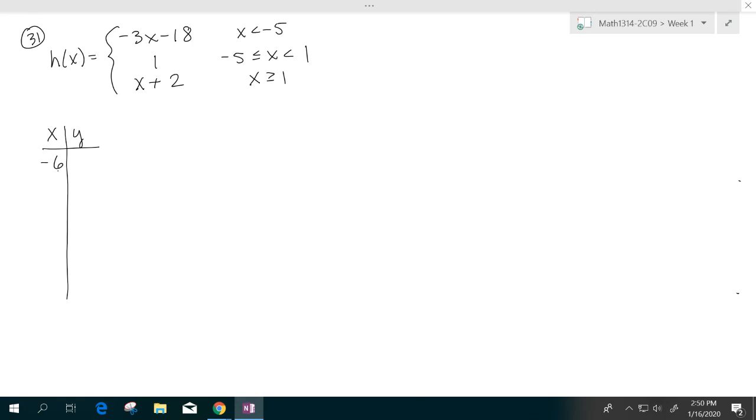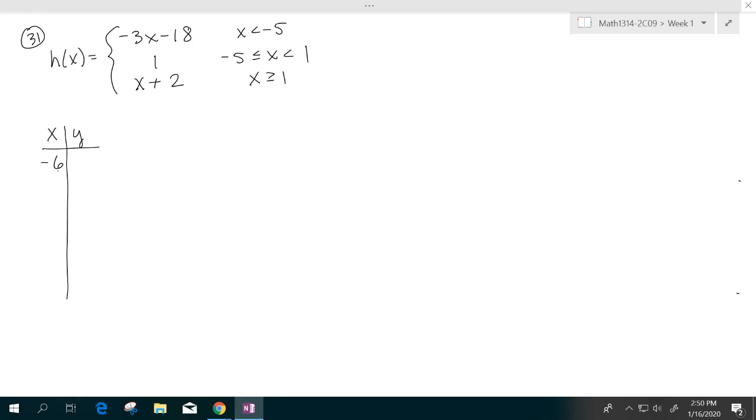And do y'all see the top piece has to be numbers that are less than -5. So -6 is definitely less than -5. What else could I have picked? -7, -8, negative. Do you see what I'm saying? Any X less than -5 goes in the top.